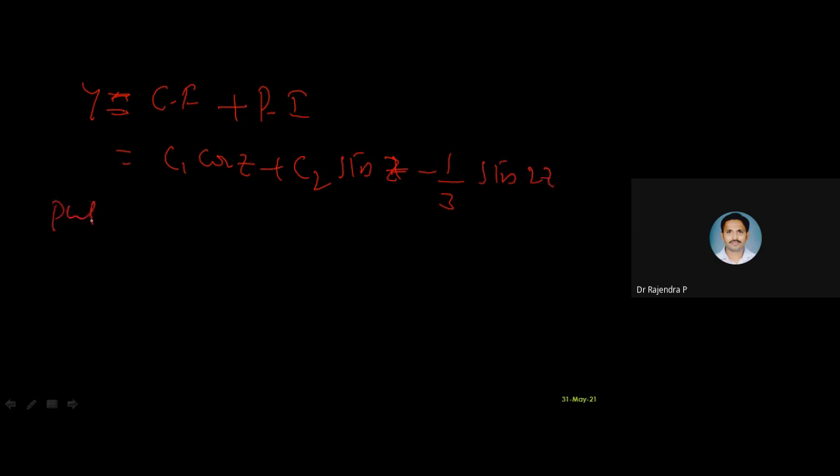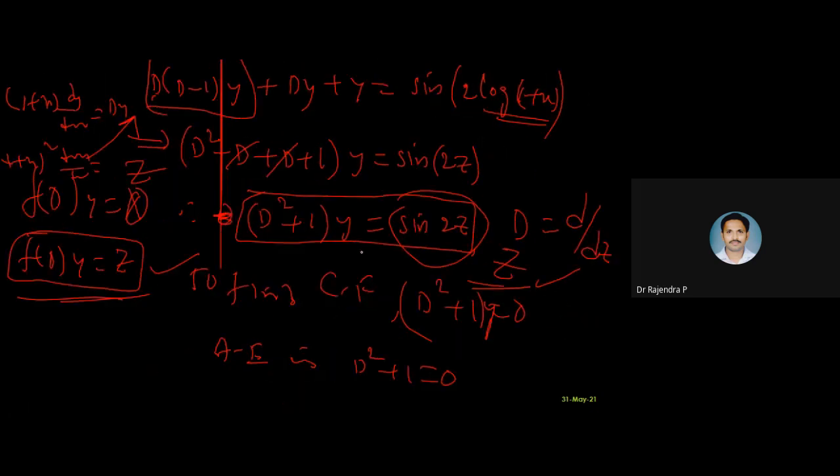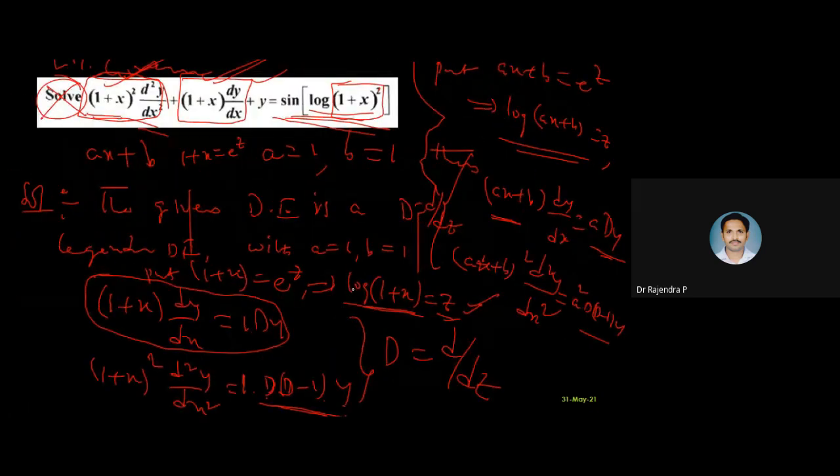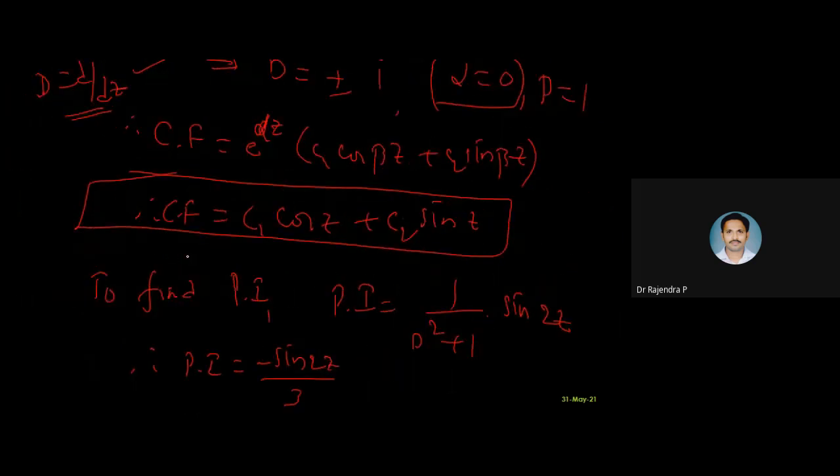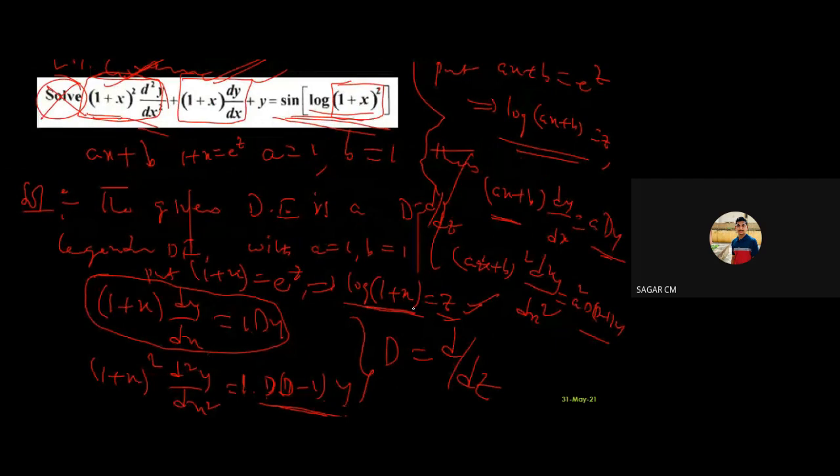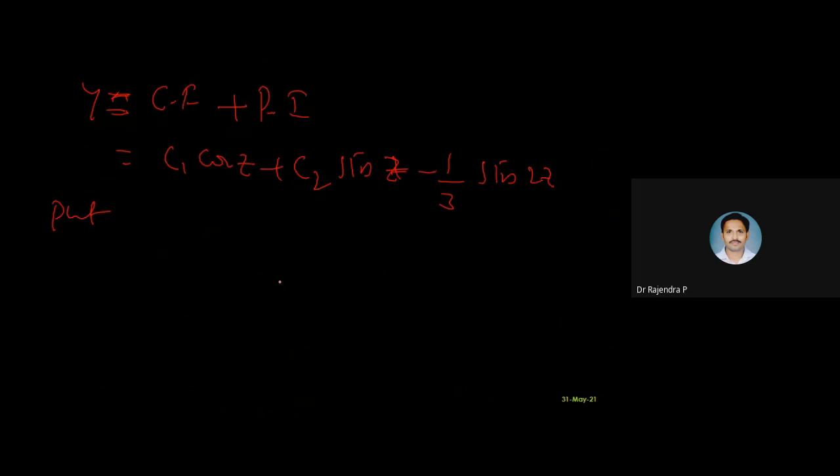But you know already what substitution we have taken. What is z? See here, log of 1 plus x is equal to z. Otherwise, 1 plus x is equal to e power z. These are the substitutions. So wherever I have z, I can substitute logarithm of 1 plus x. Do you agree or not?